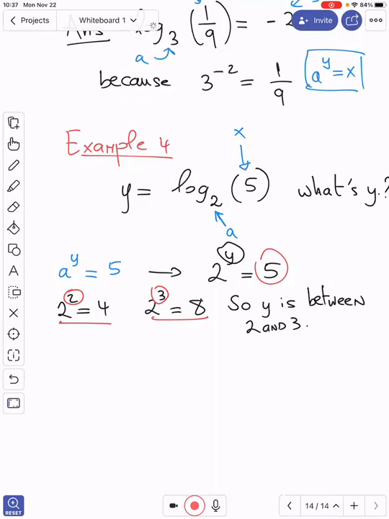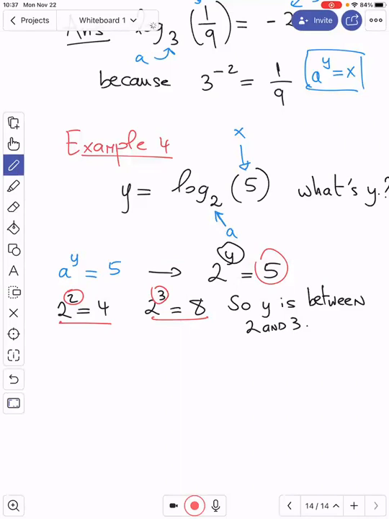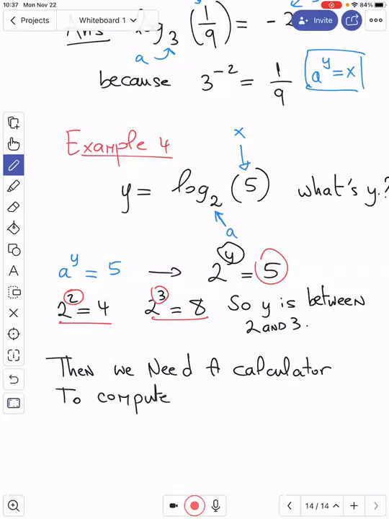Well, then you're going to need a calculator, since it's some number between 2 and 3, to compute this log in base 2 of 5.